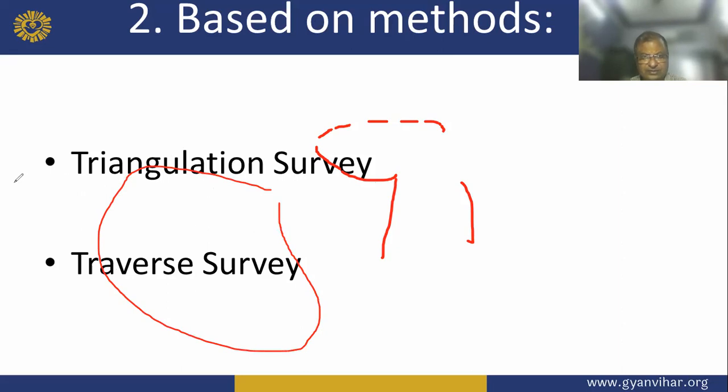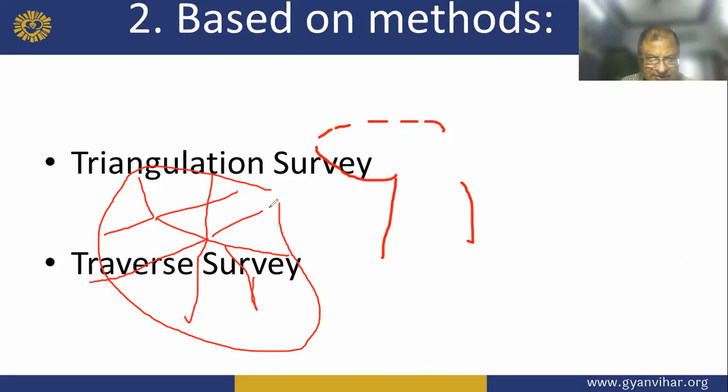All the triangles will be set under the triangulation. Triangulation survey means all these triangles you will fill in this area, like this.